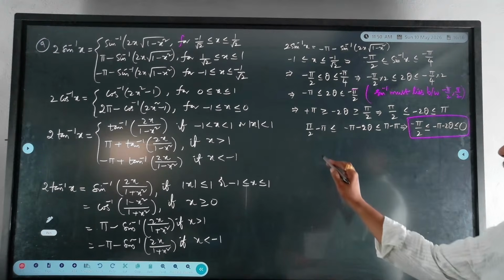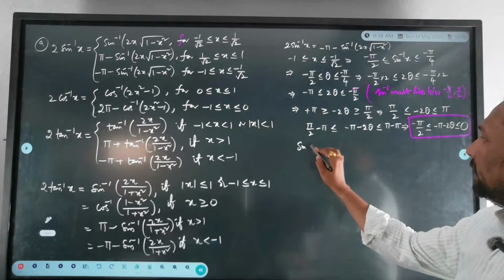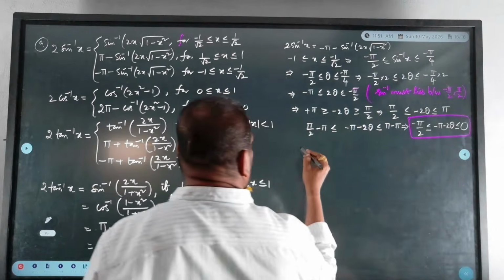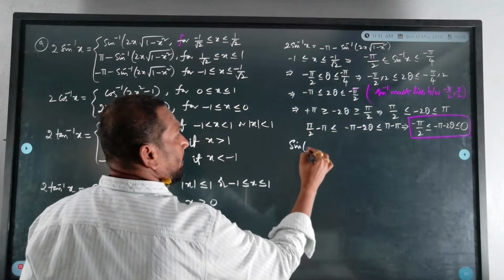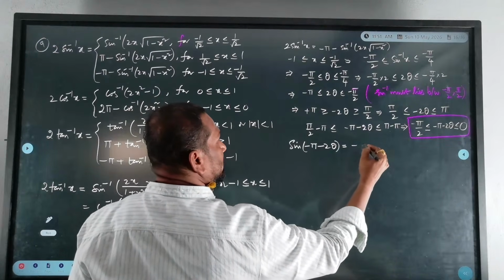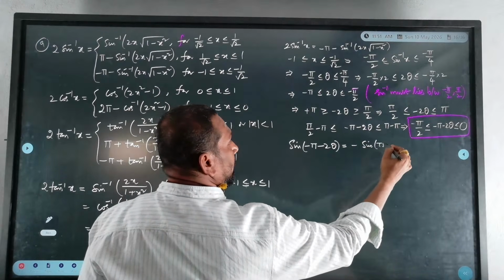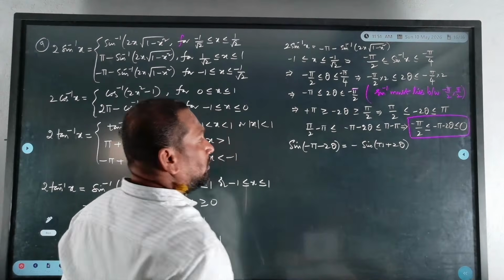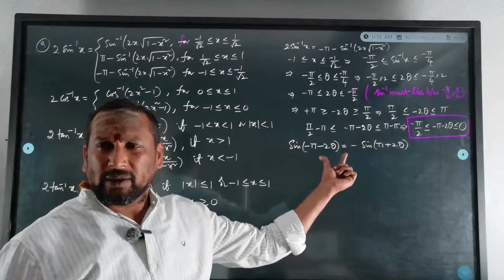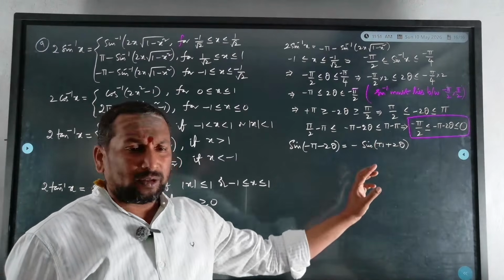Understood? Now consider sin of minus pi minus 2 theta, which is equal to minus sin of pi plus 2 theta. Right? Minus has common, pi plus 2 theta.